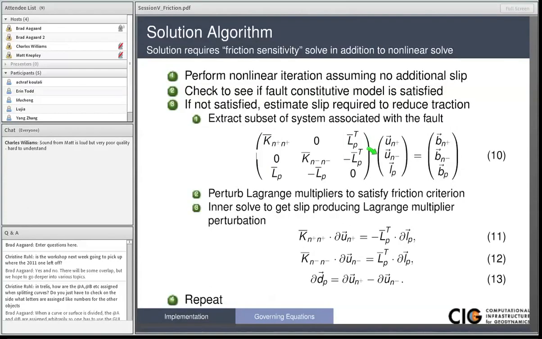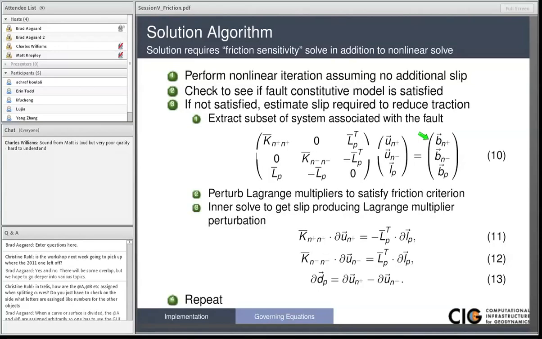We have displacements on the positive and negative side of the fault, we have our Lagrange multipliers, and then we have our external force terms. And what we do is we perturb the Lagrange multipliers to satisfy the friction criterion. We know how much we need to change the Lagrange multipliers to satisfy the friction.